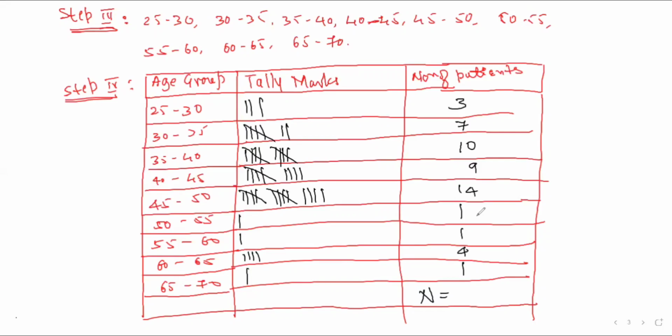Somewhere we marked one extra, but the total is 50 here. We are going to get the total as 50, right? In this way, we are going to construct the continuous frequency distribution.